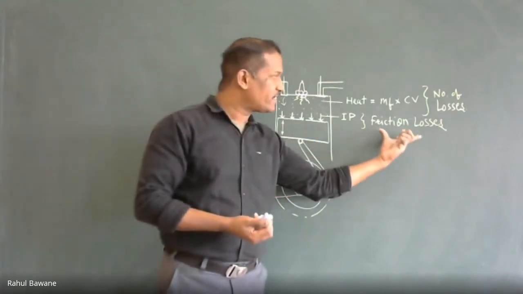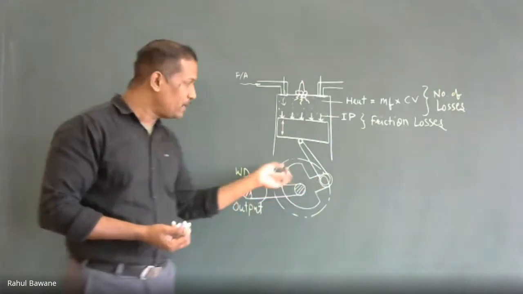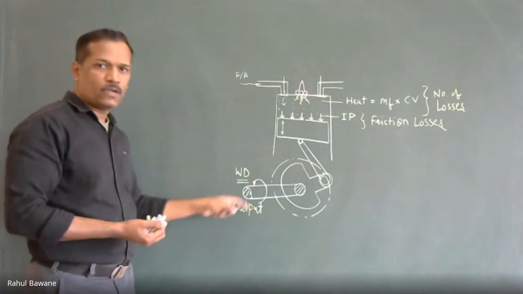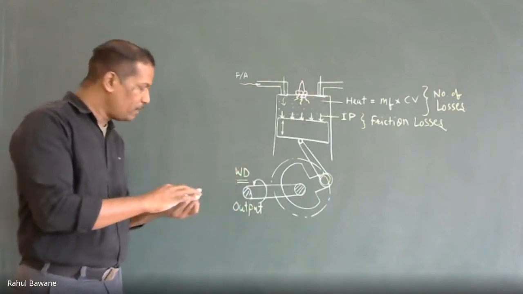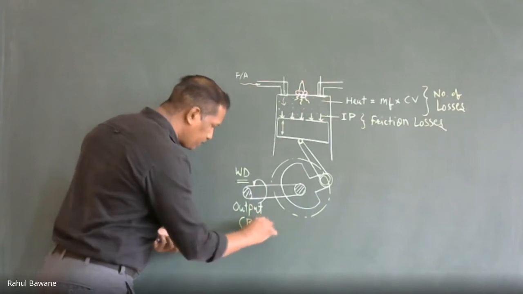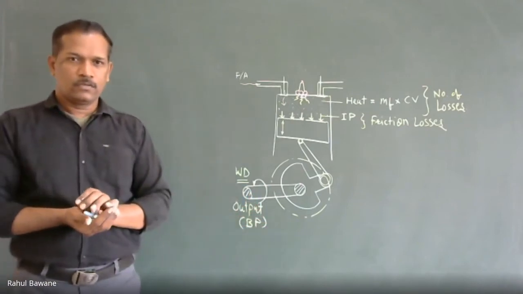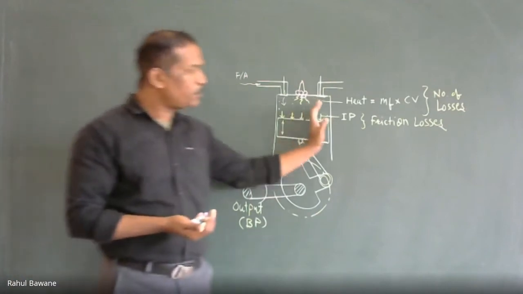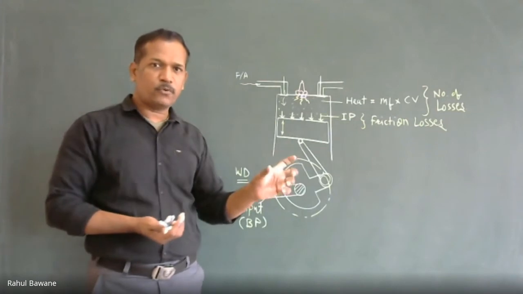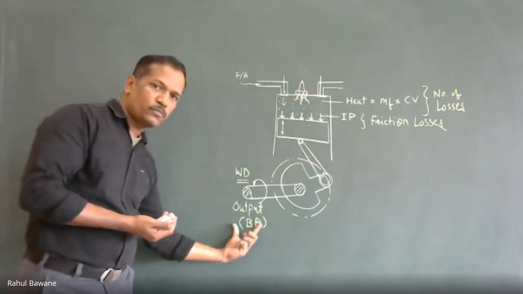After deducting those friction losses, whatever energy is available is actually converted into output at the shaft, and that is called the brake power. So there are a number of energy losses, and only some portion is actually converted into output work.